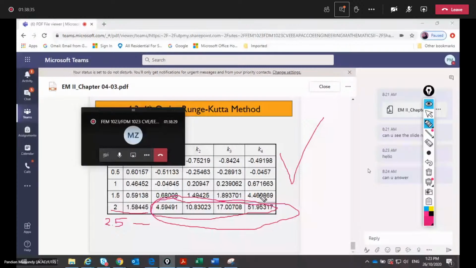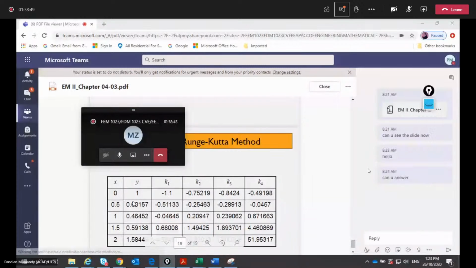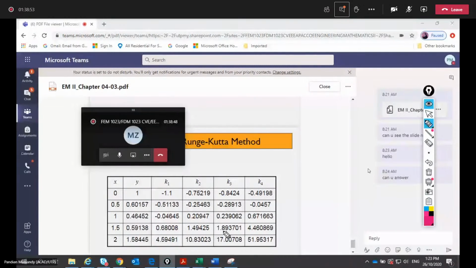Of course, you can do the exercise. Try the first Y first. You must calculate K1, K2, K3, K4.